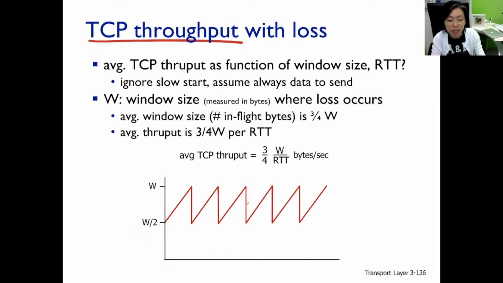Okay. And so it's not hard for you to see what the average window size is. Yeah, the midpoint here, right? So 3/4 of W. And therefore the throughput is what? The average window size divided by the round trip time, which is this term here. Now, if we plug in, this is the goal throughput, and this is the round trip delay. Now, what is the window size?